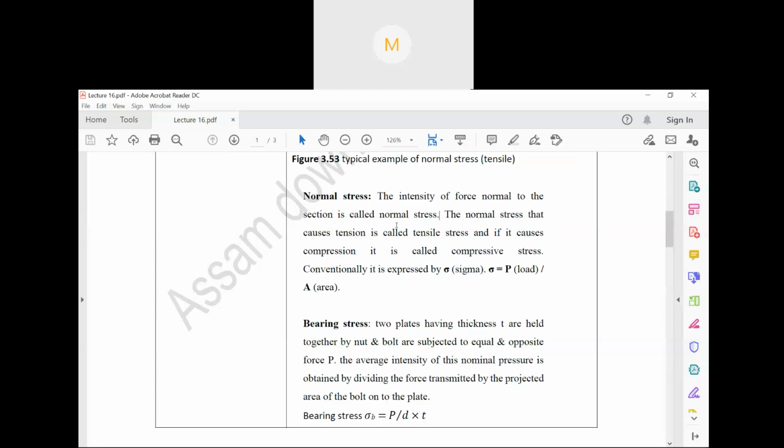Got it? So there will be a stress arising, which is known as bearing stress. Okay.